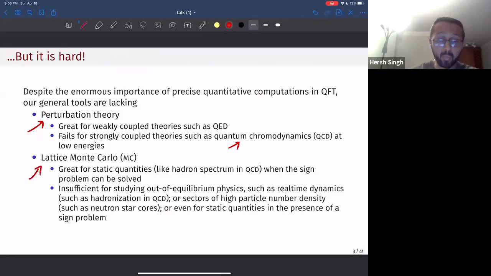On the other hand, we have tools such as lattice Monte Carlo methods, which can be used in some situations for strongly coupled theories. For example, you can use them for static quantities like computing the spectrum and so on. But again, it's limited because sometimes you just run into sign problems, and even this method fails. Or there are situations like out of equilibrium physics, real-time dynamics, and so on, where again you run into sign problems and the method doesn't work.